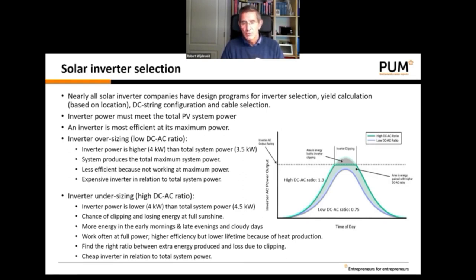But because it works at full power, and because it becomes hotter, the lifetime will also be a little bit less. So you always have to find the right ratio between the extra produced energy and the loss due to clipping. It's a cheap inverter in relation to the total system power, because you have an inverter which has less power than the total system. But it doesn't mean that you cannot use this.